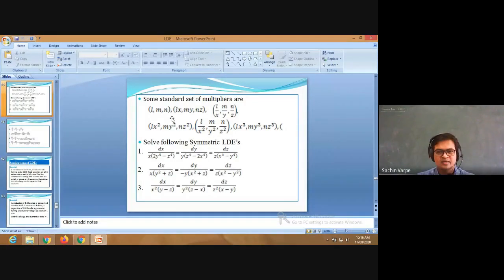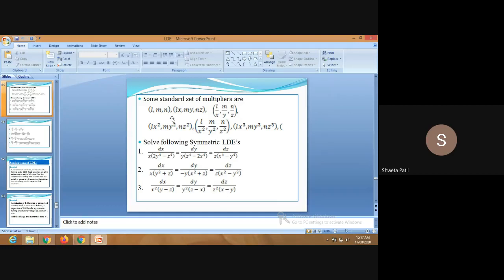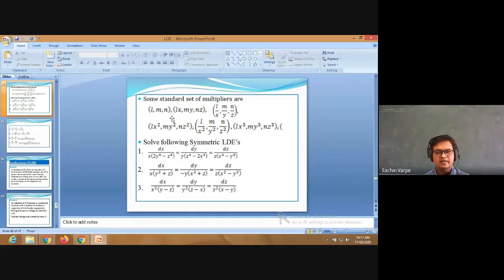Please check now. If we add all the terms, will it give 0? Yes, sir. Okay, fine. Then this is the correct set of multipliers we have chosen, right?